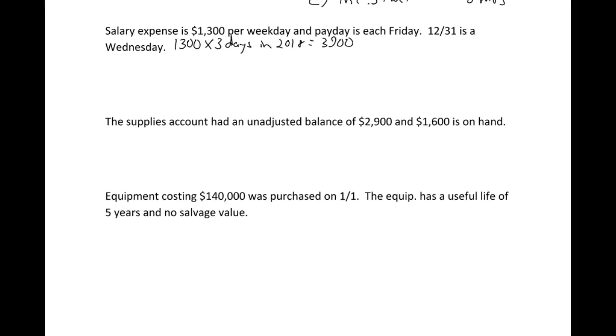All right, so what we're going to have here, and this is also an accrual journal entry, because we're recording the expense or the revenue before the cash changes hands. So remember, with accrual journal entries, we're recording the expense or the revenue in the correct time period. And if it's the expense, it's always going to be an expense debit and a payable credit. So we have salary expense and salary payable for $3,900, and that would take care of that.